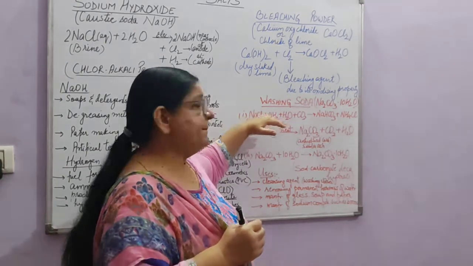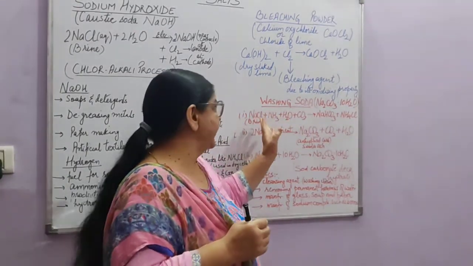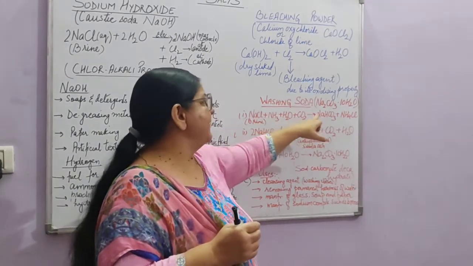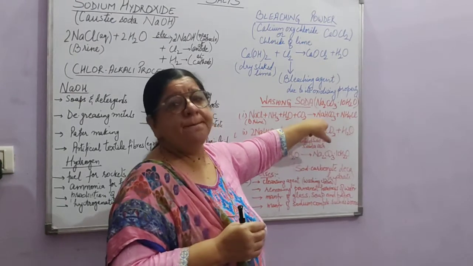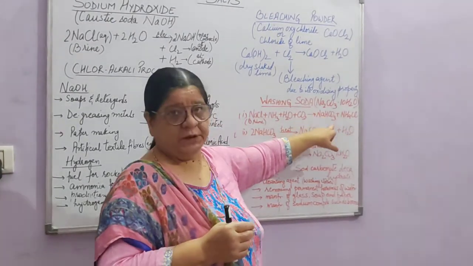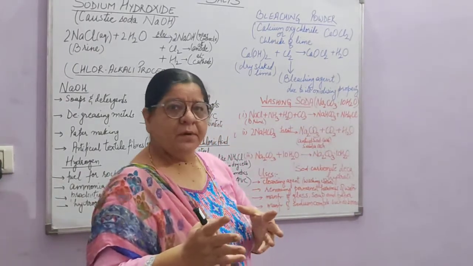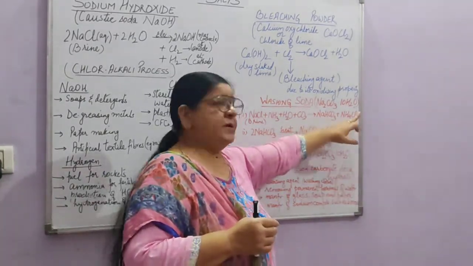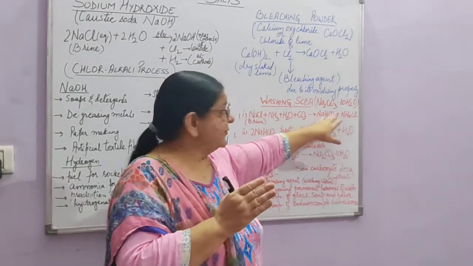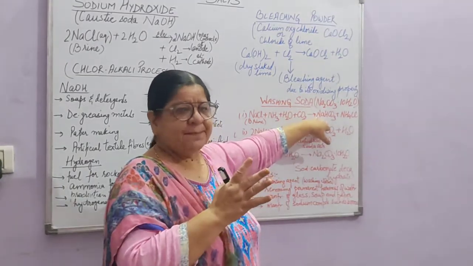So NaCl plus NH3, water already is present in NaCl, we are taking it as brine, and carbon dioxide. This will produce sodium hydrogen carbonate, NaHCO3, which is in the precipitate form, right? And ammonium chloride.